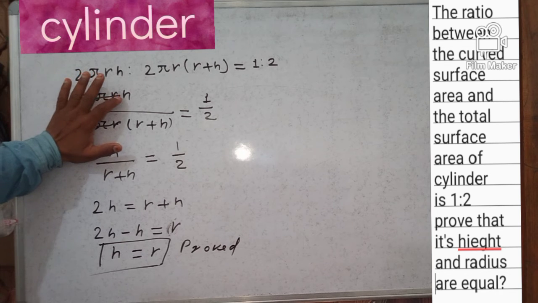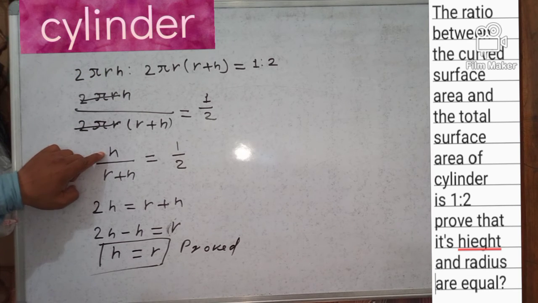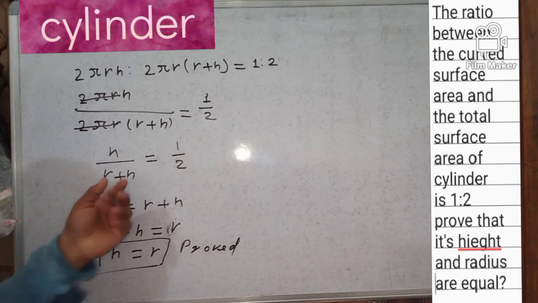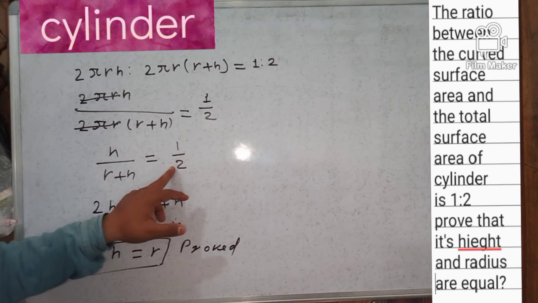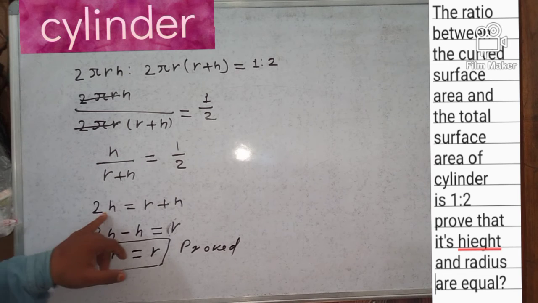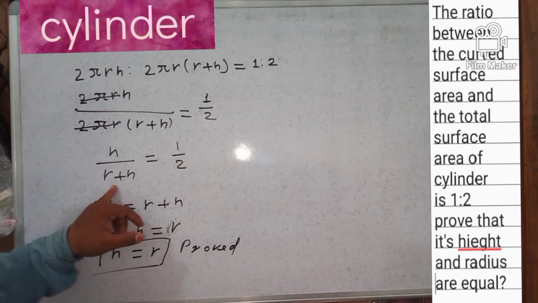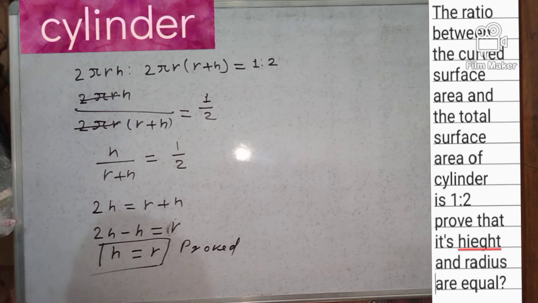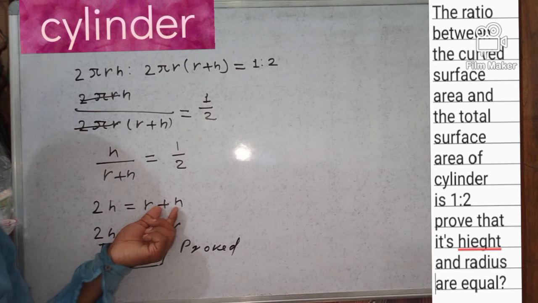So only h is here, and r plus h is equal to 1/2. 2 into h will be 2h, and r plus h into 1 will be r plus h.